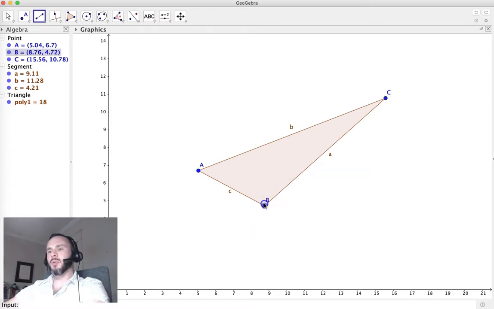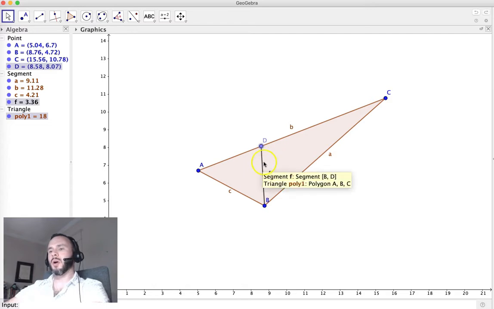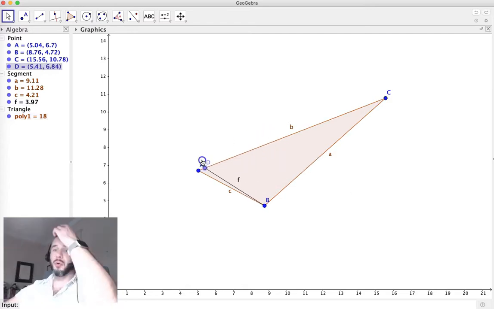I'd have to add a point D somewhere there, because if I tried to move D into an existing point, it's just going to slide back onto that side, right? So if I want to divide up the interior of this triangle anymore, I have to come up with a new point. I can't do it with my existing points.